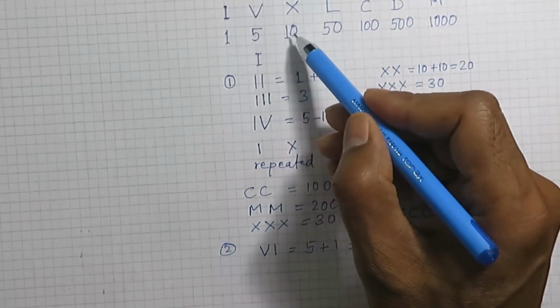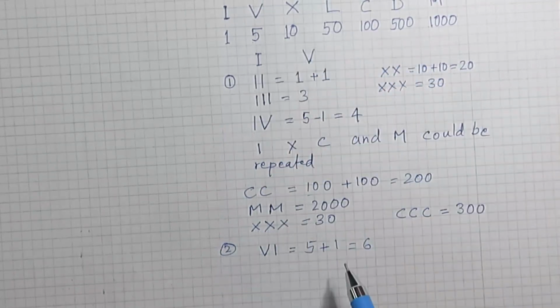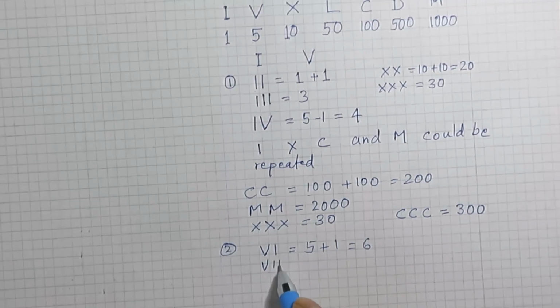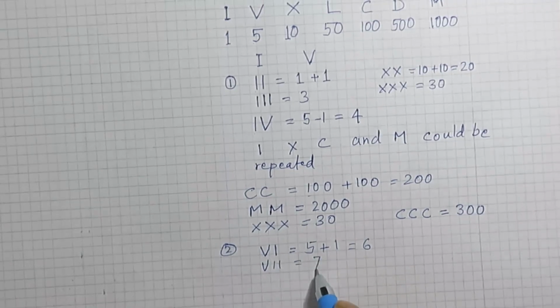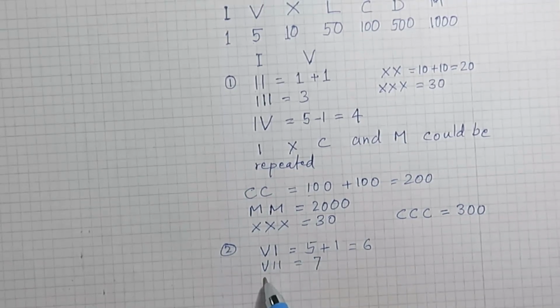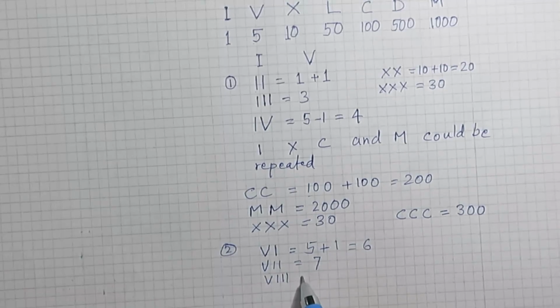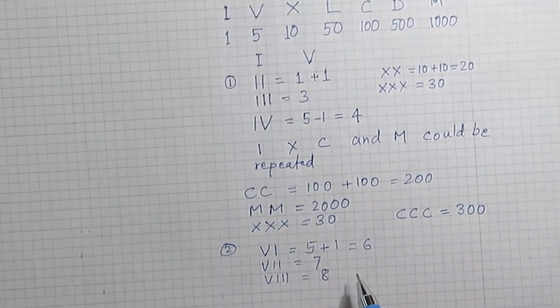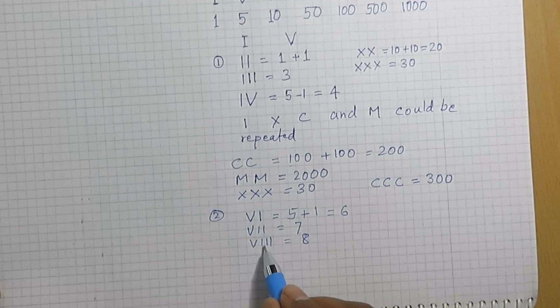So from 5 to 10 we have to manage by addition or subtraction. For example, we can write VII, this will be 7, 5 plus 2. VIII will be 8.